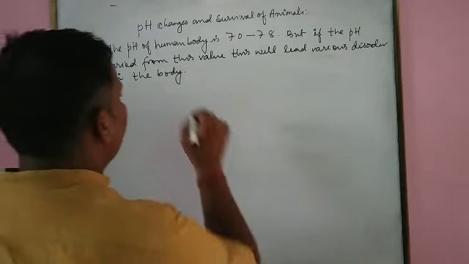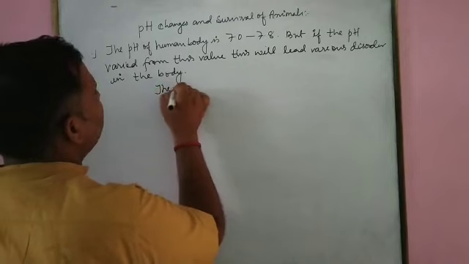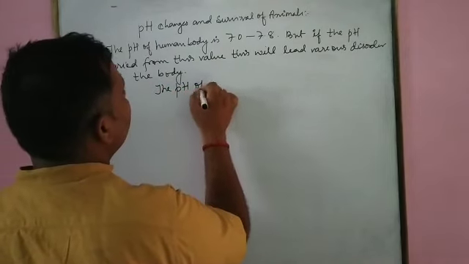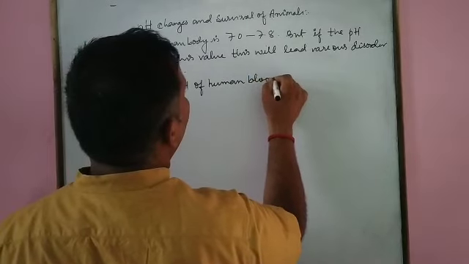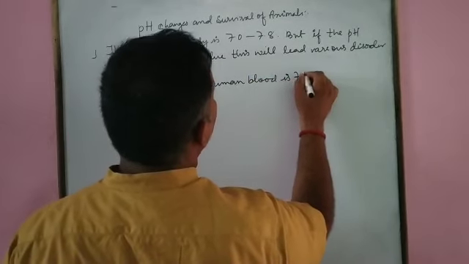So the next, what we know, the pH of human blood is 7.4.